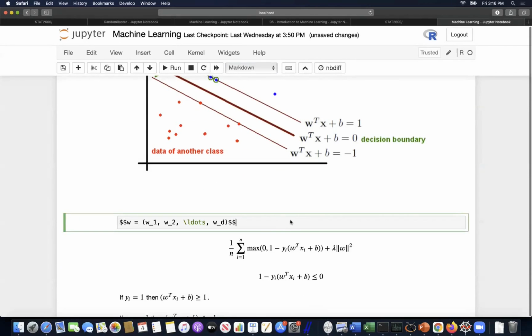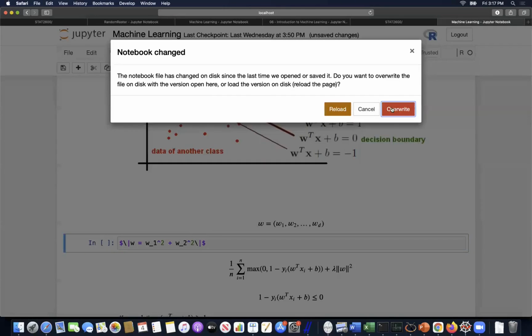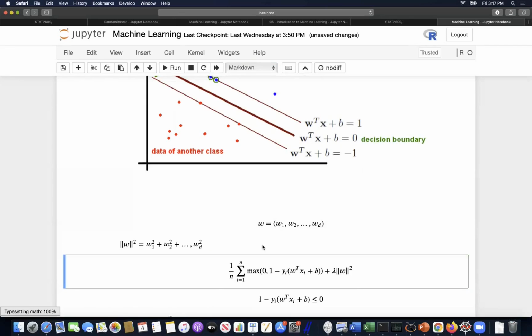And then the norm of W is going to be W1 squared plus W2 squared plus up to WD squared. So that's the norm of W. And actually it's the norm squared because that's what we are going to need.